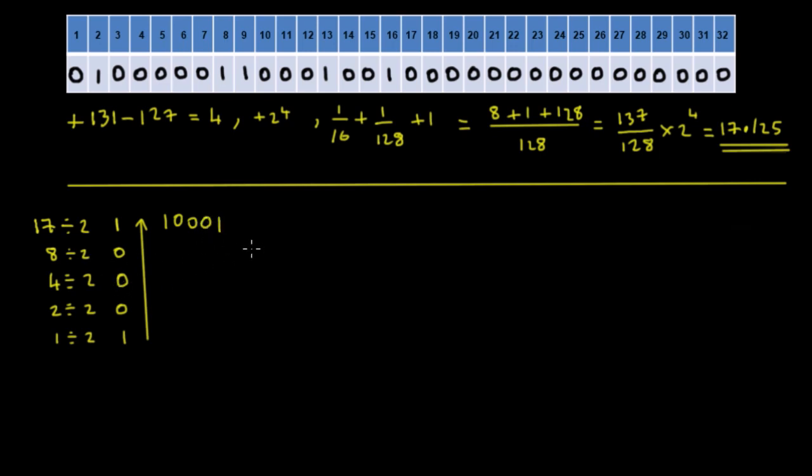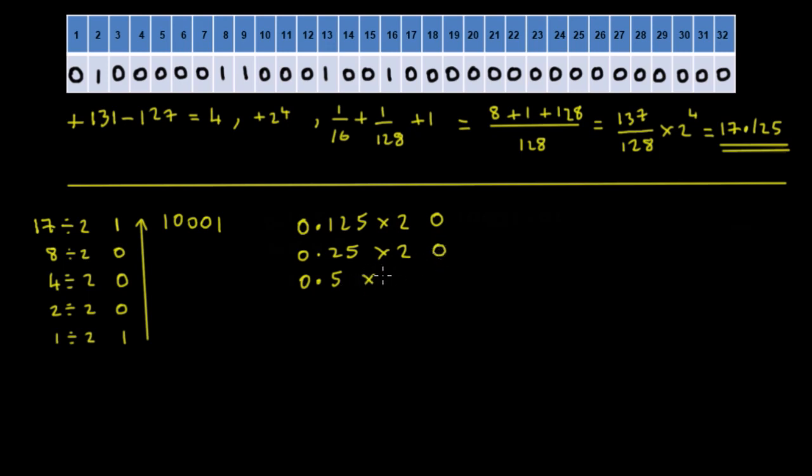So let's look at the fractional part. We have 0.125 times the 2 gives us a value of 0.25. So there's no whole part here, so we just put a 0. We multiply the 0.25 by 2, and it gives us a value of 0.5. And again there's no whole part here, so we get the value of 0.